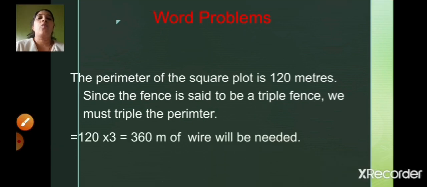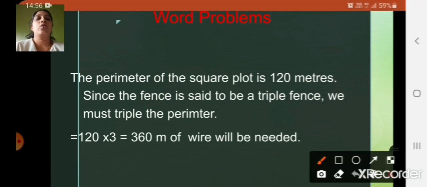Now, so 120 into 3 is equal to 360 meter of the wire will be needed, right? So you require 360 meter of wire for putting a triple fence around the square plot, right? If you want to put a single fence, you will require 120 meter. But if you want to put a triple fence, you will require 360 meter of wire. So this was the second part of the question.